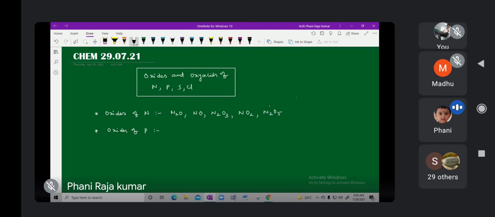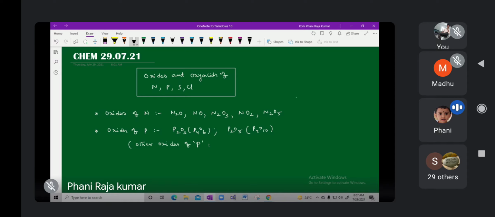Oxides of phosphorus: P2O3, nothing but P4O6. Next P2O5, nothing but P4O10. We have some other oxides also, mainly those two, trioxide and pentoxide.